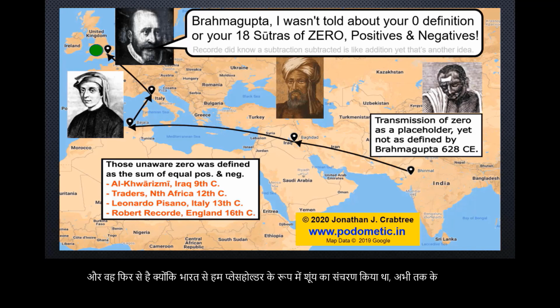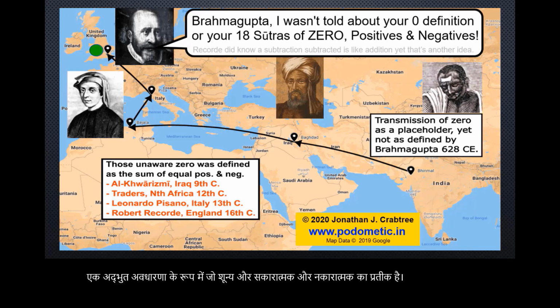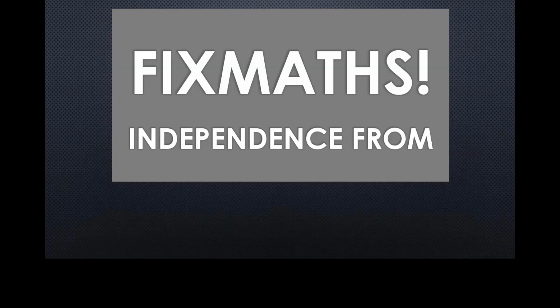India's 0 concept is a wonderful concept that embodies 0, positive and negative. Well, the concept of the 0 and the negative seemed to have vanished to nothing on its trip to the West. So we must fix maths.